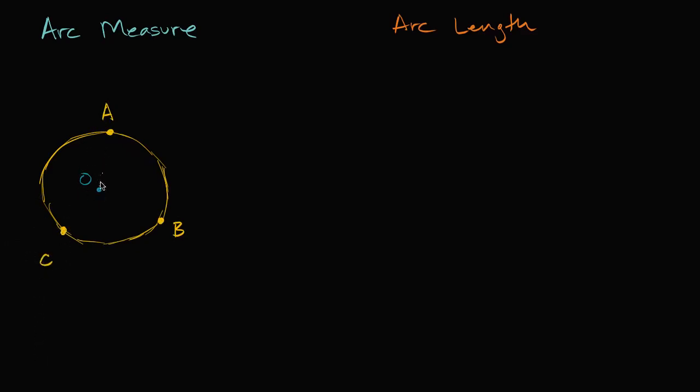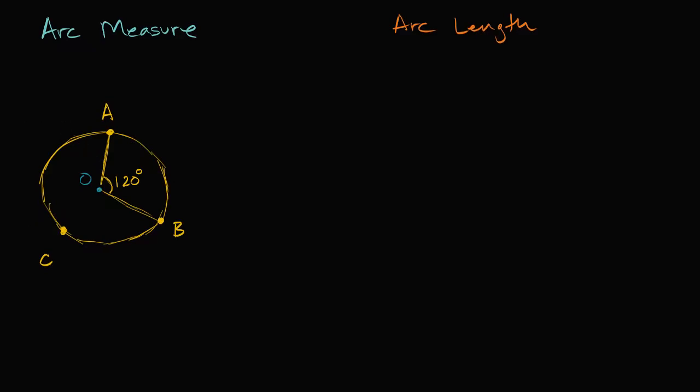And let's say I have the central angle right over here, because it includes the center of the circle. So the central angle, angle AOB, let's say it has a measure of 120 degrees.